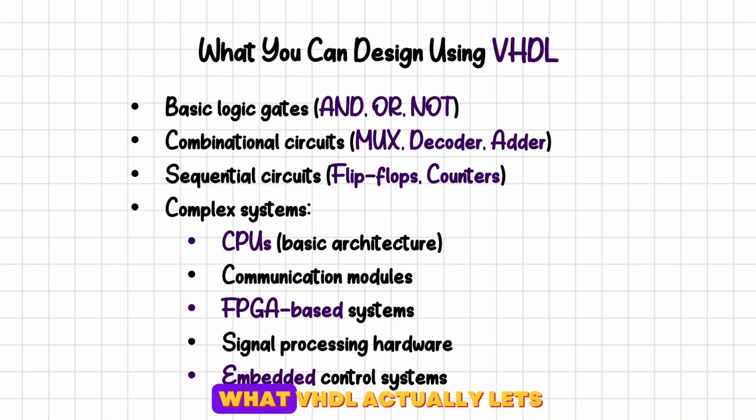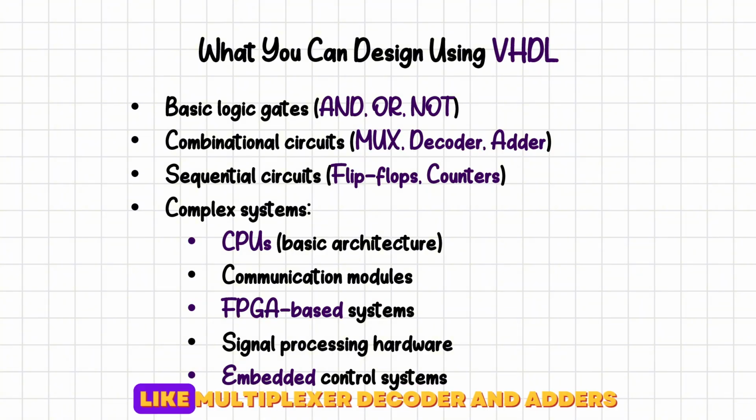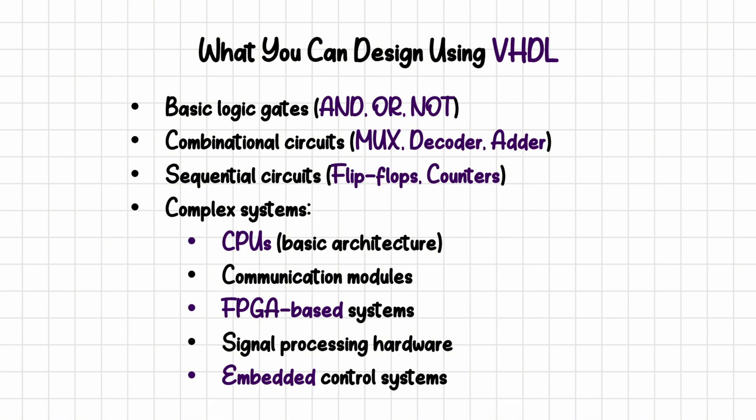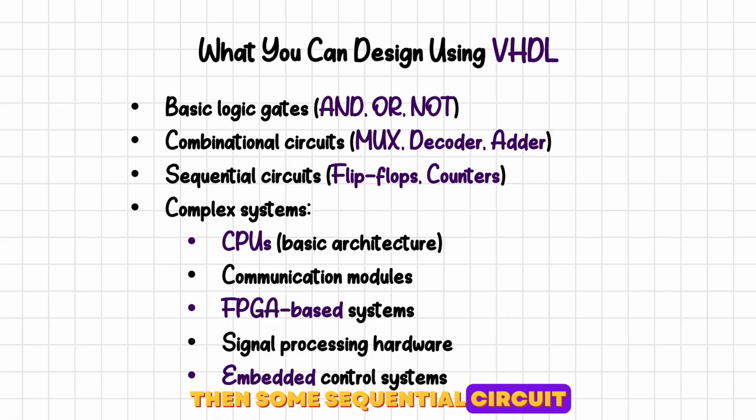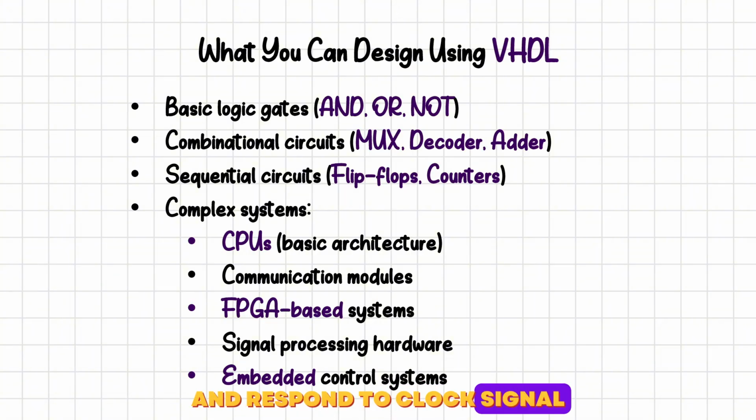Let us talk about what VHDL actually lets you build. At the simplest level, you can describe basic logic gates: AND, OR, NOT. From there, you can move to combinational circuits like multiplexers, decoders and adders. Then some sequential circuits: flip-flops, counters, registers. These are circuits that have memory and respond to clock signals.